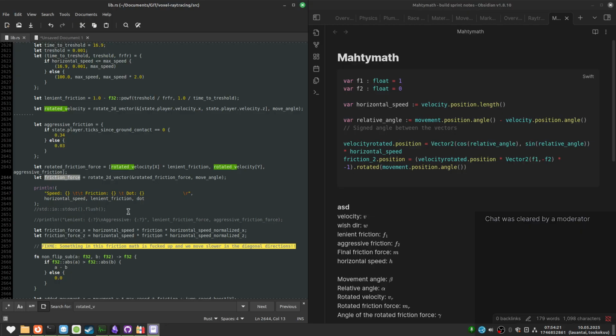I think. Where do we multiply by speed here? Multiply at the same time as we multiply by the friction values.